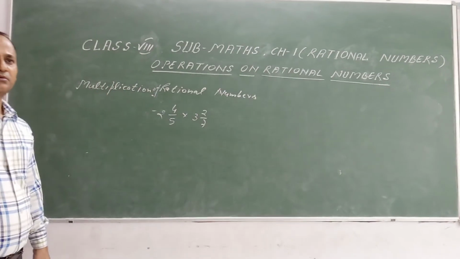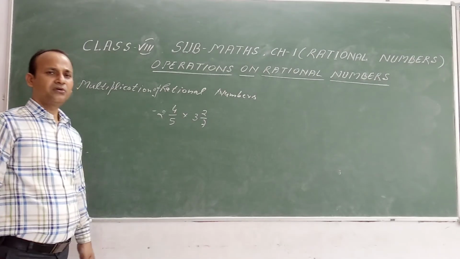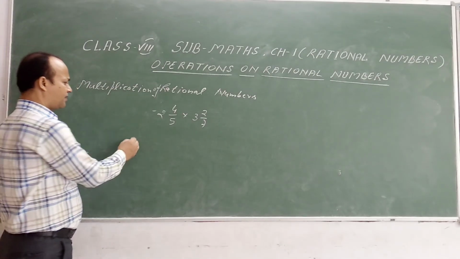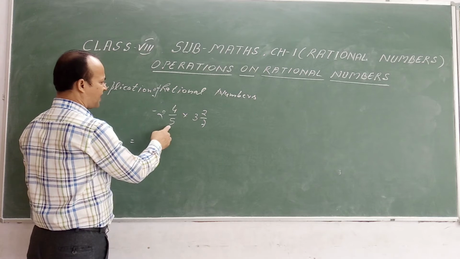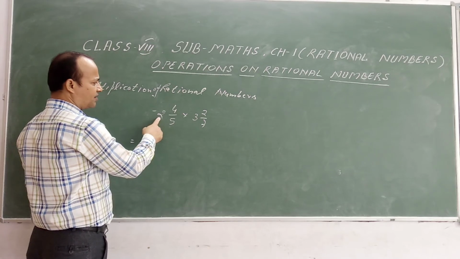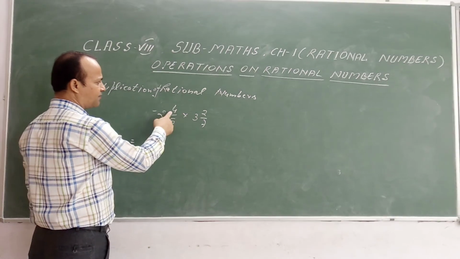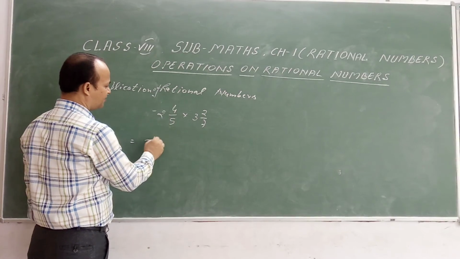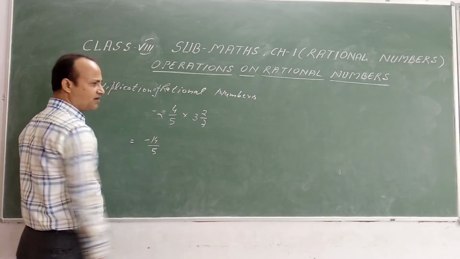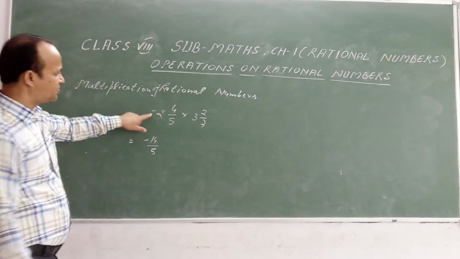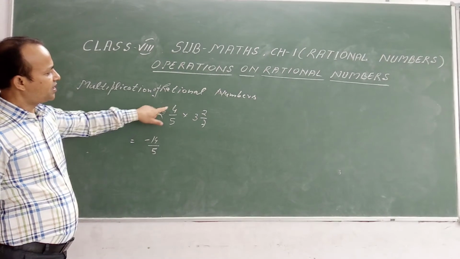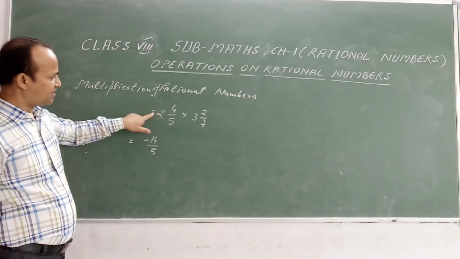In that case, first change the number into improper. 5 2s are 10 and 4 is 14. That will be minus 14 upon 5. We will have the negative sign, since the sign is negative.